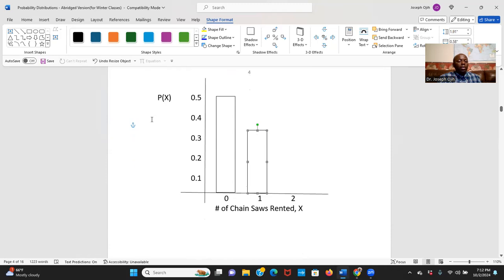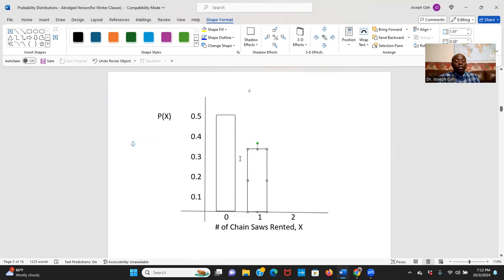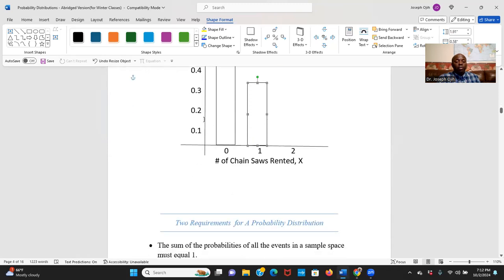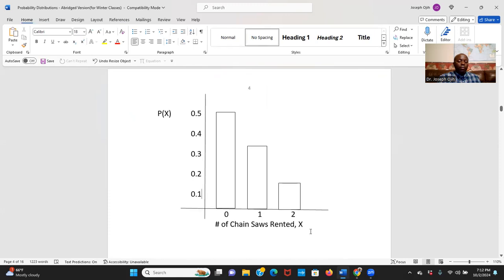Then the next one is 2, which is 0.17. 0.17 should be very close to 0.2, so I'm going to put it here. So that's the graph right there.